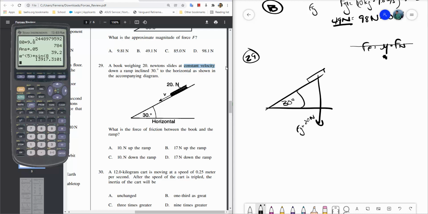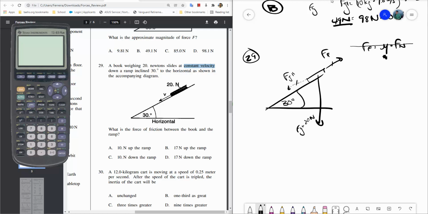More key terms. Which means that the part of gravity that's going to make this thing slide down is canceled out by, guess what? Force of friction, the force that's going to resist the movement of this thing. Force of gravity parallel is equal to the force of friction.